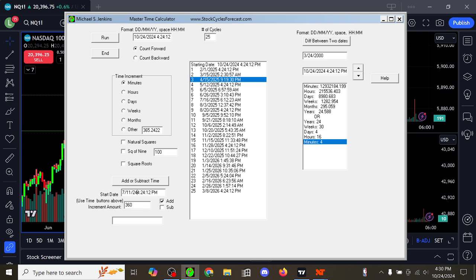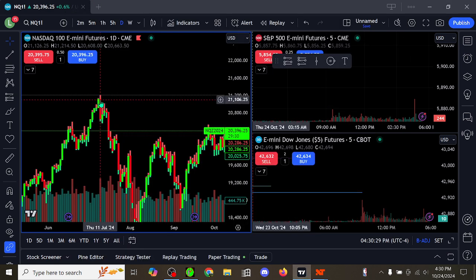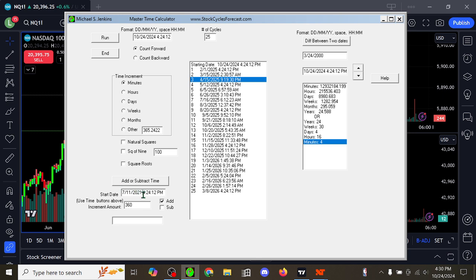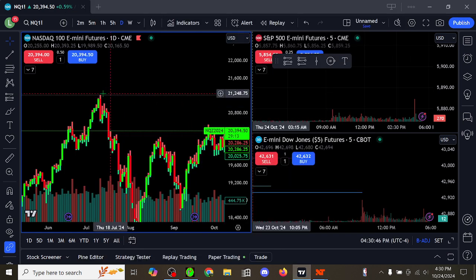7/11/24, or you can do 2024, okay? And considering that was a down close day, probably earlier in the morning it reached that high, so we're just going to estimate that around 10 a.m. So you would do 10 o'clock a.m., change the P to an A, and you are going to go forward in that exact value from the high.